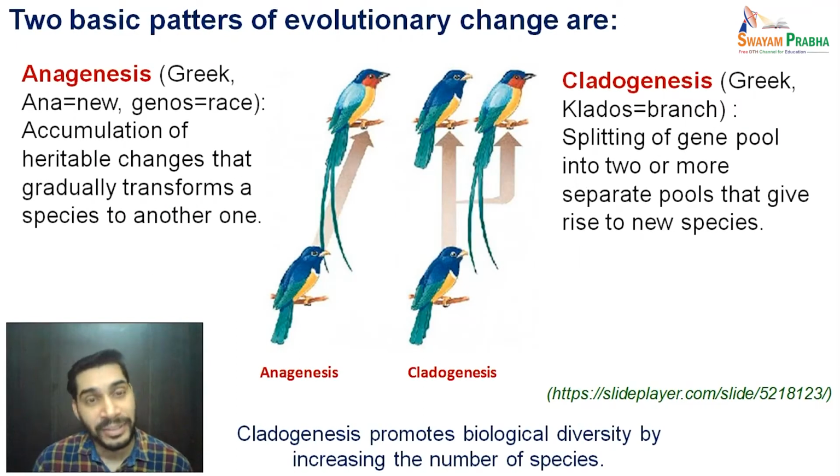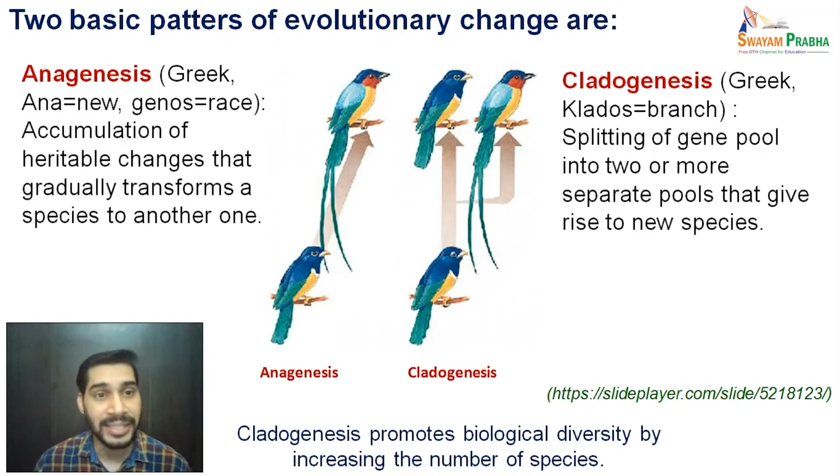And let us first start with the patterns of evolutionary change. There are 2 basic patterns of evolutionary change which are named as Anagenesis and Cladogenesis. The word Anagenesis comes from a Greek word where ana refers to new and genos refers to race.